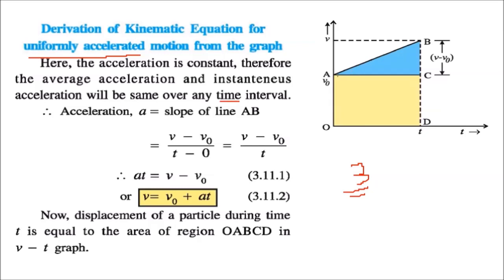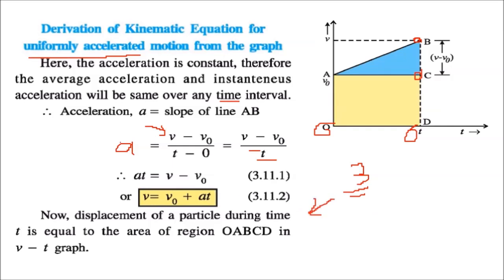So acceleration a is the slope of line AB in the v-t graph. This is v and this is v0, so v minus v0, and this time is t minus 0. So a equals v minus v0 by t. Rearranging, you get v equal to v0 plus at. This is a very important equation, the first equation.